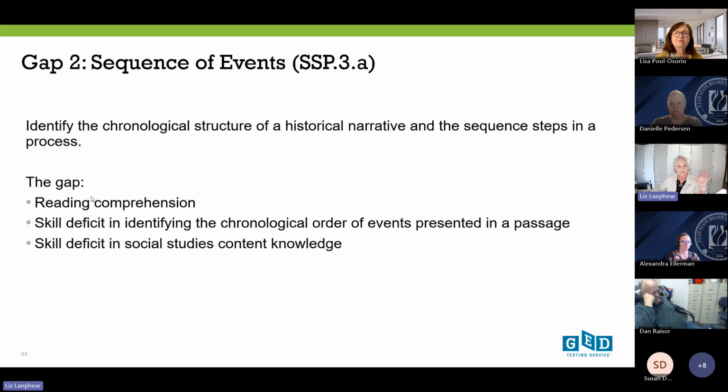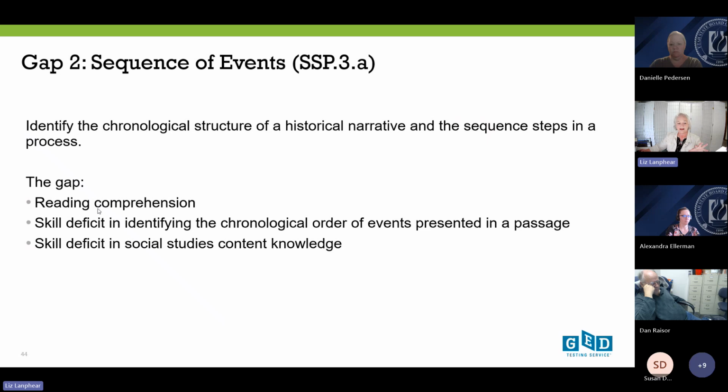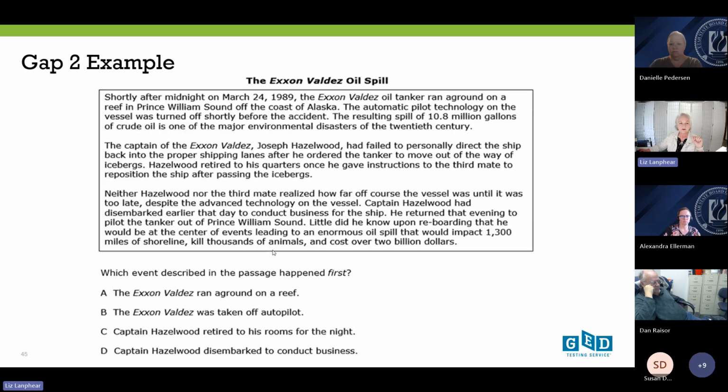So again, that's why I started with the close reading, it's all hinging on this reading piece. A skill deficit in identifying the chronological order of events presented in a passage, and a skill deficit in social studies content knowledge. So how do we work on that? Here's an example. Go ahead and read that one, and we'll talk through it in just a second.